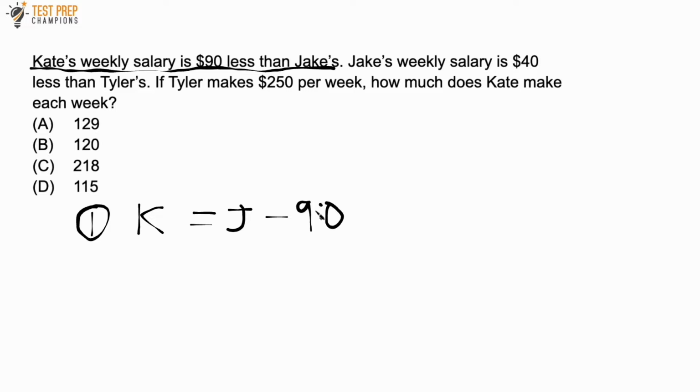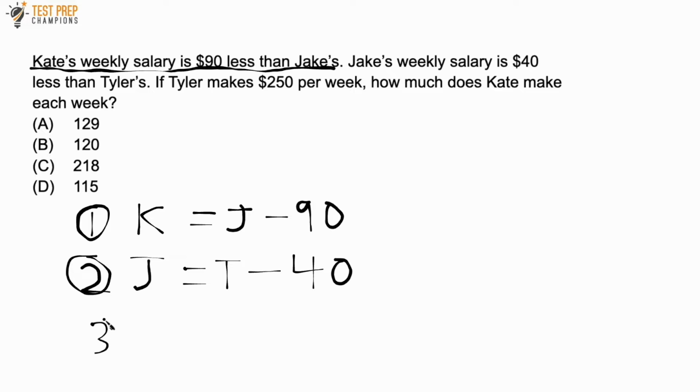Now from the next sentence, we know that Jake's weekly salary is $40 less than Tyler's. So I can write out the equation J equals T minus 40. So lastly here, we're told that Tyler makes $250 a week. So we know that T equals 250.